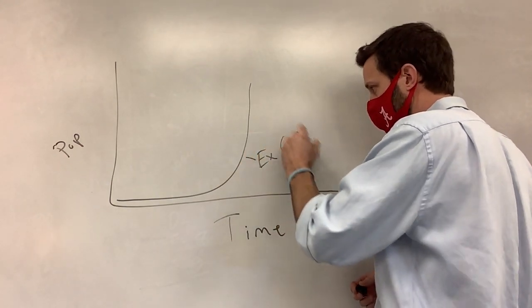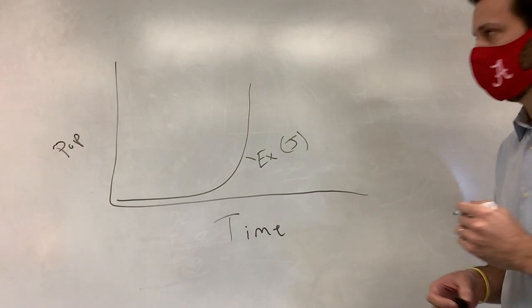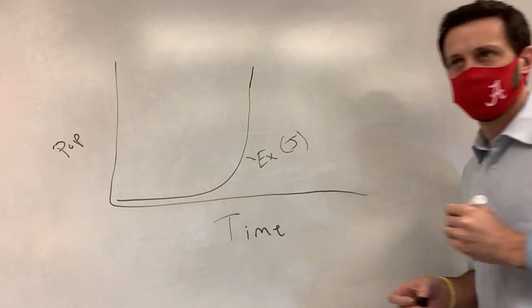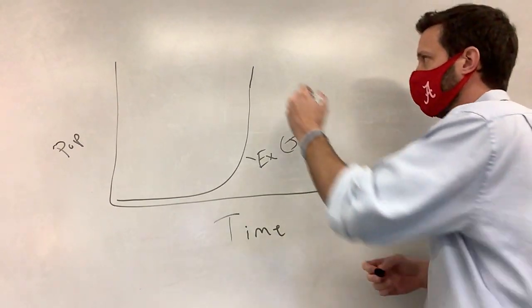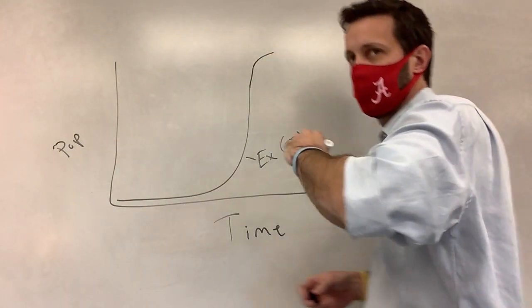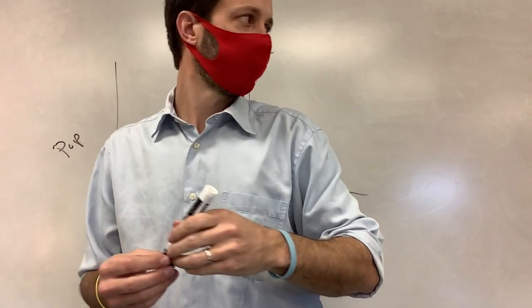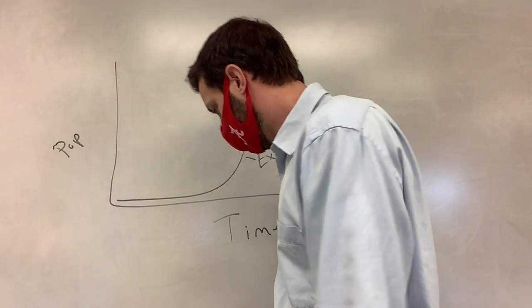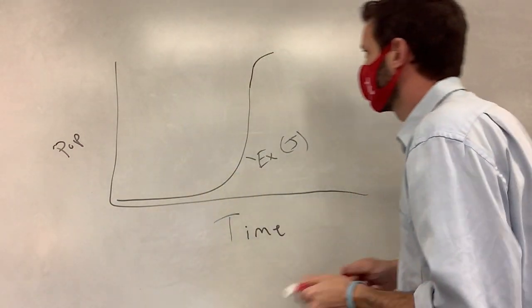Okay. Now, once we reach a certain point, what happens? Why does it start to level out? Because there's a carrying... They run out of resources. Yeah, so we start to run out of resources, and because of that, the numbers will start to level out.